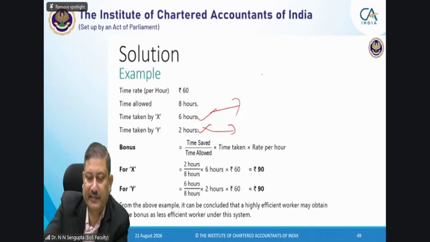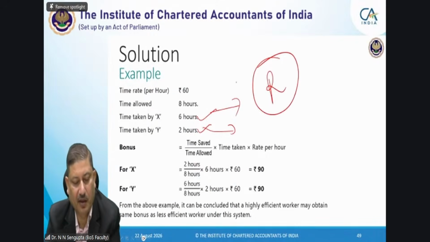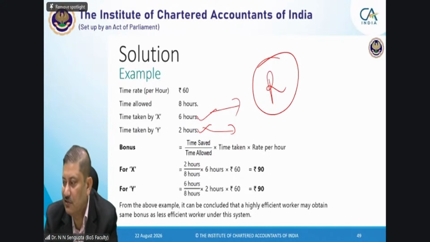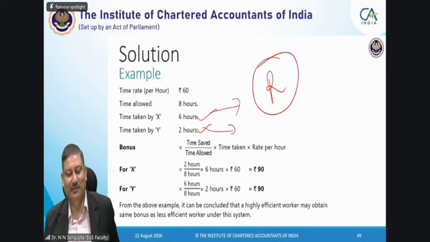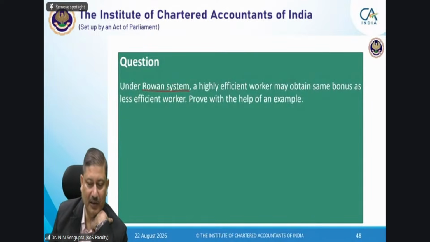So how do we calculate bonus under Rowan? Time saved by time allowed into time taken into rate per hour. For X, it will be 2 by 8 into 6 into 60, that is 90. And for Y, who has saved 6 hours and is very efficient, it is also 90 rupees. So we can understand that whether you save 2 hours or 6 hours, the bonus under Rowan will be equal. So sometimes it may not be good for the highly efficient worker.